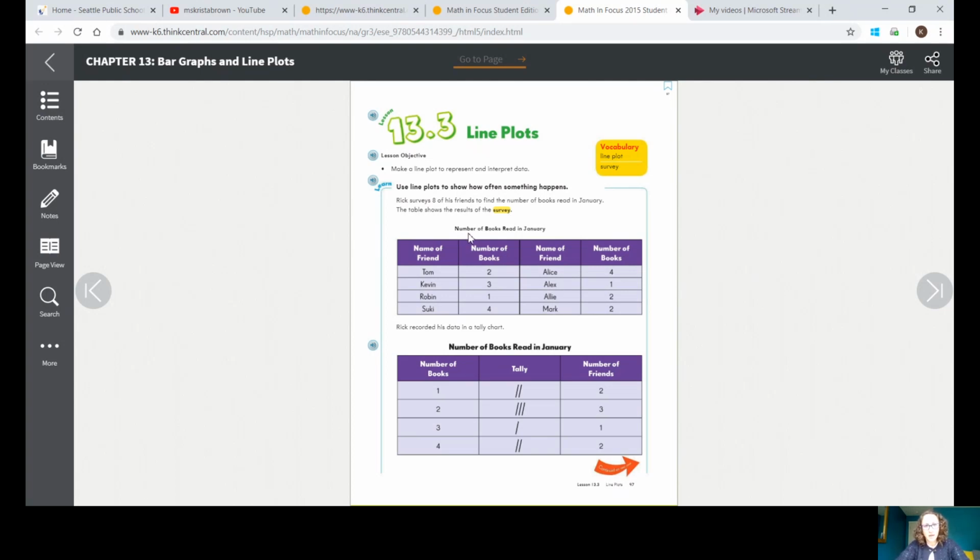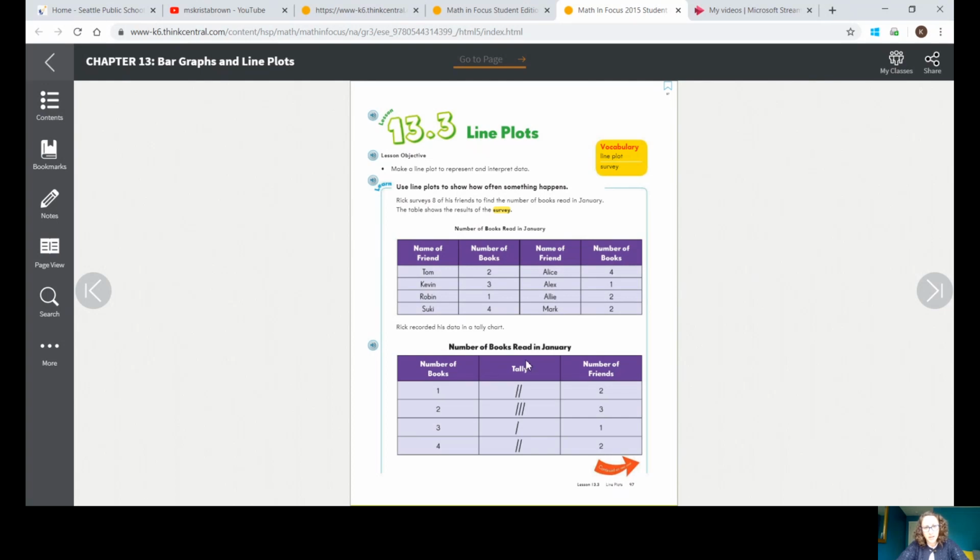So let's read everything from this survey. So there's a number of books read in January. That's the title. Here are the names of the friends. Here's the number of books that they read. Here's more friends with more totals of books. So Rick recorded his data in a tally chart.